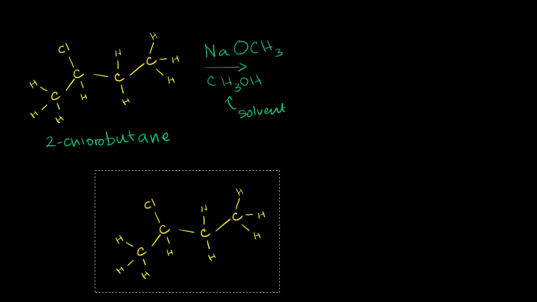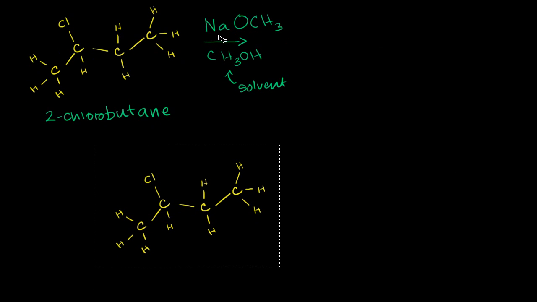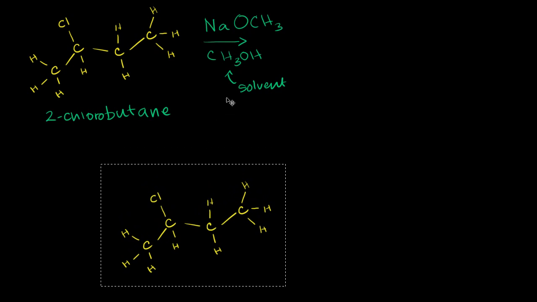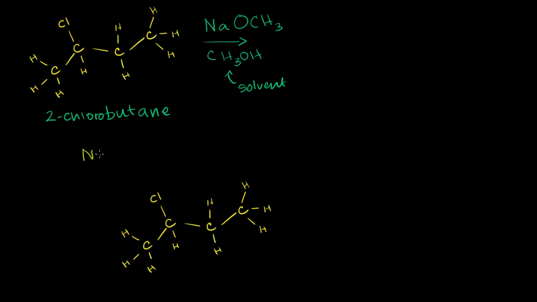The first thing you need to realize is this sodium methoxide is a salt. When it's not dissolved, it's made up of a positive sodium cation and a negative methoxide anion. Let me draw the methoxide part right here.